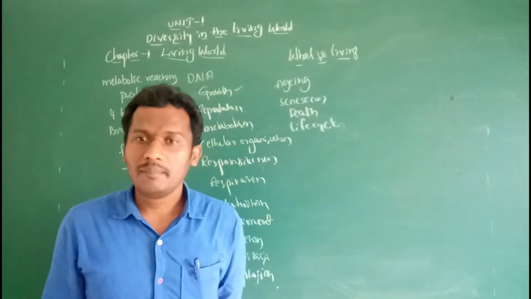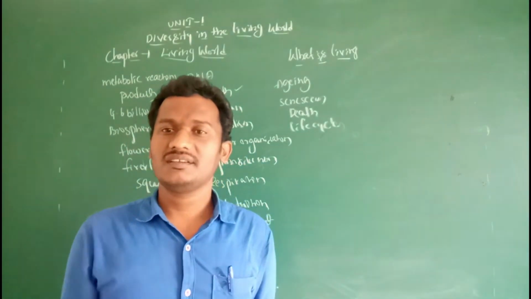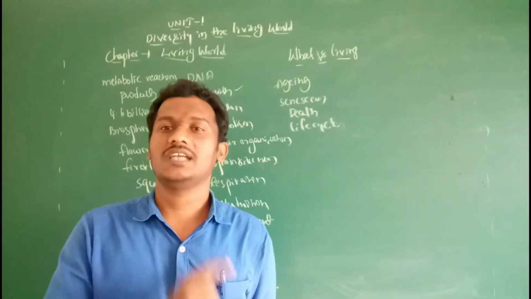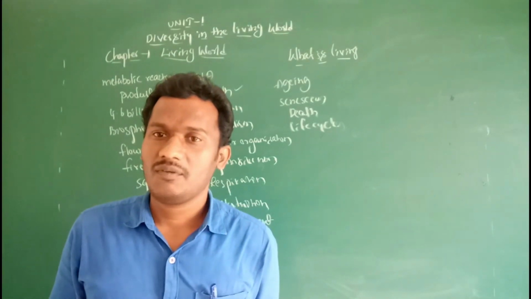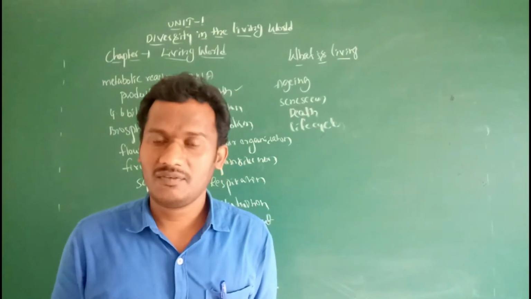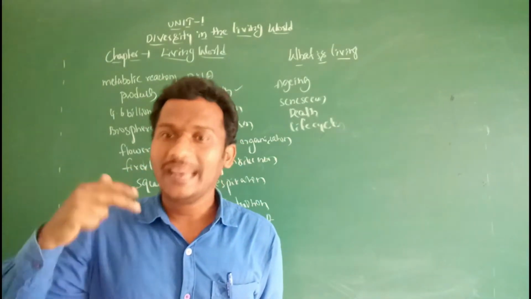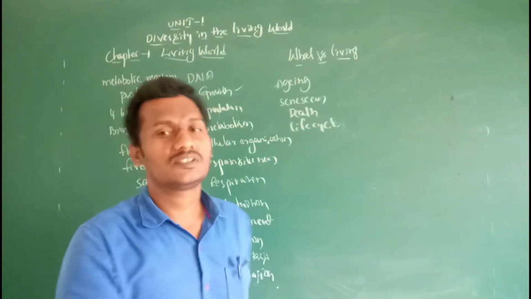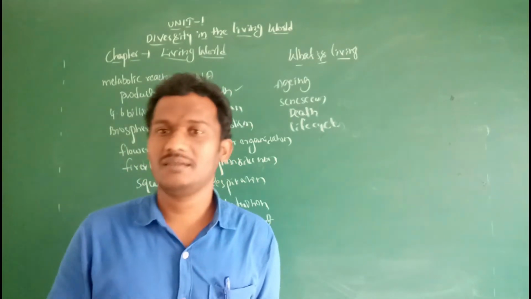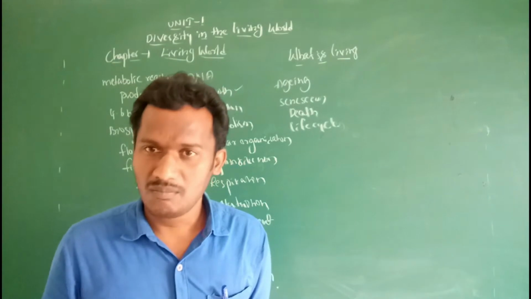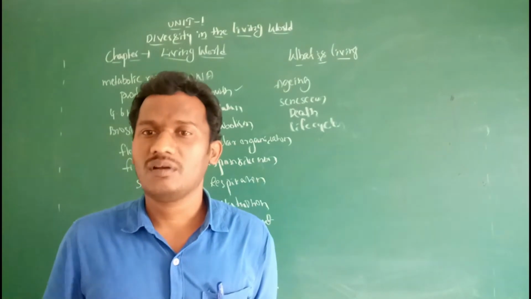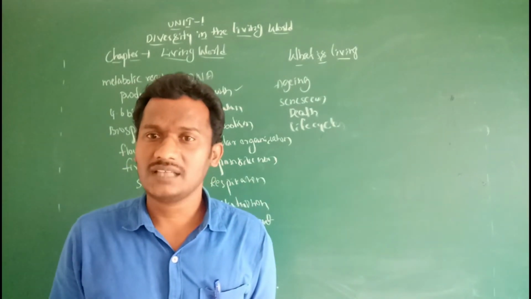Growth means a permanent irreversible change occurs in body parts of an organism. A permanent increase in mass, dry weight, cell number, or individual number of an organism is known as growth.